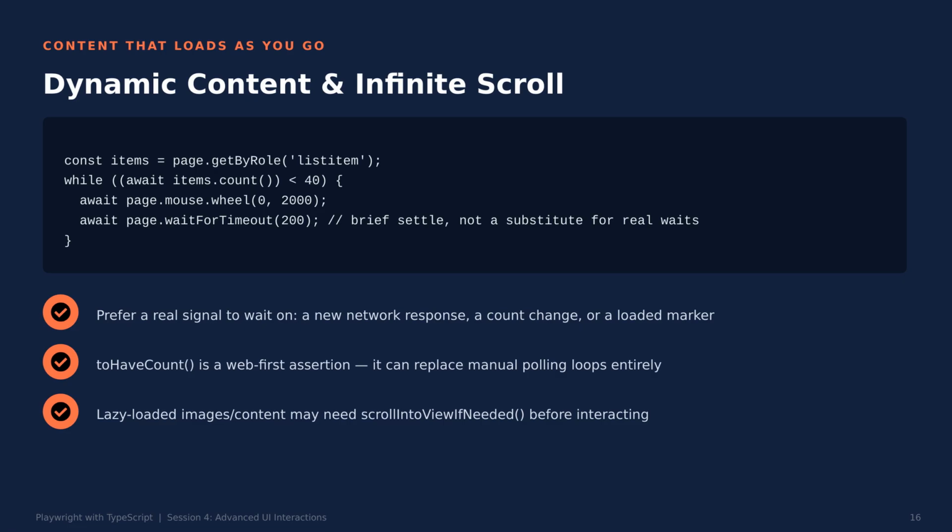Prefer waiting on a real signal instead: a new network response landing, a count actually changing, or some kind of loaded marker appearing on the page. toHaveCount is itself a web-first assertion, and it can very often replace a manual polling loop entirely, cleanly. And for lazy-loaded images or content specifically, you may need to call scrollIntoViewIfNeeded before you can actually interact with something.